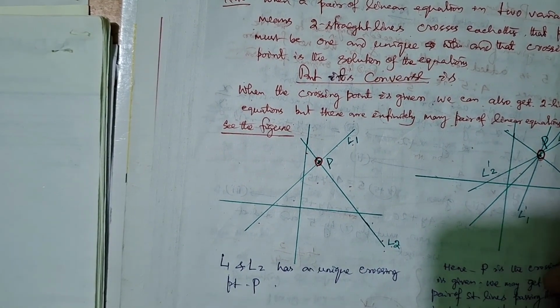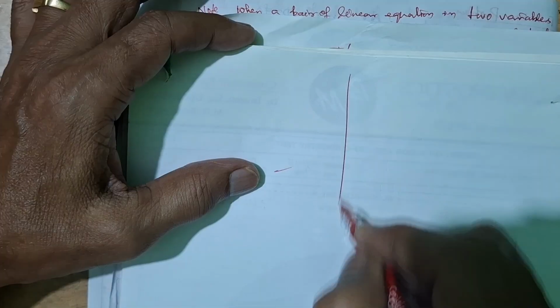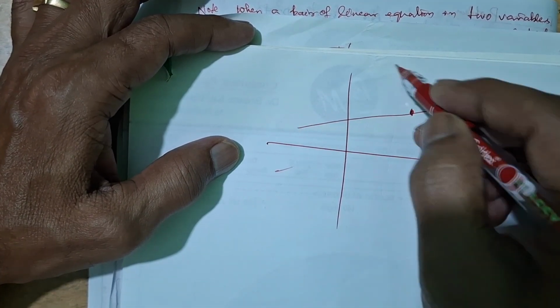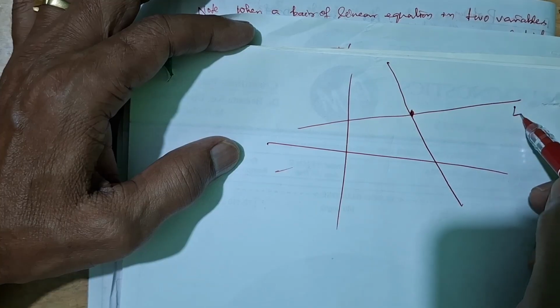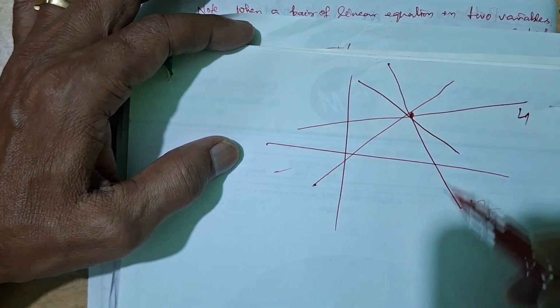You see this, this is a straight line. Suppose this is the crossing point. I can draw a straight line like this, L1, L2. Suppose another line this, another line this.